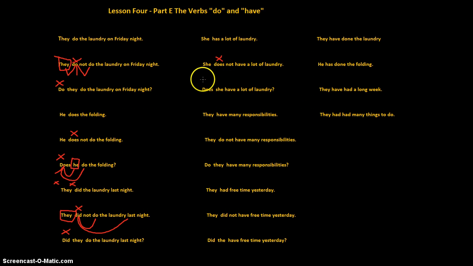To make a yes or no question in English, we ask, does she have the laundry? That makes she the subject. And does ties with the subject, the X word. Does also ties with the verb have. That's the base form. And of course, does ties with the present.